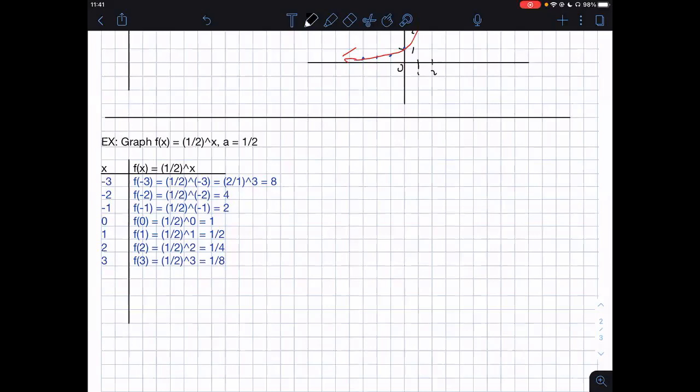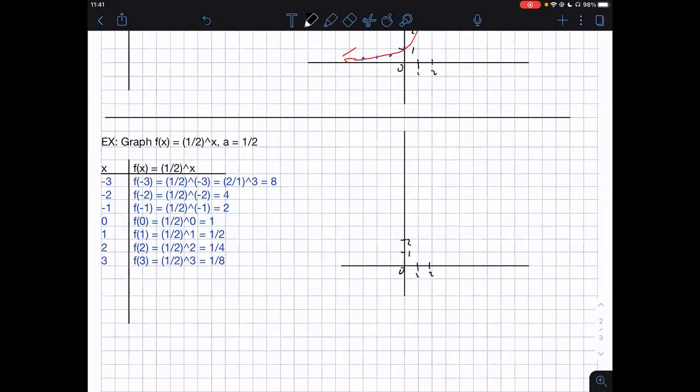Okay, so once again, let me graph this function here. What's the maximum? Maximum is still 8. Pretty much the opposite of what we see from the previous graph here. Once again, we'll go by 0, 1, 2.